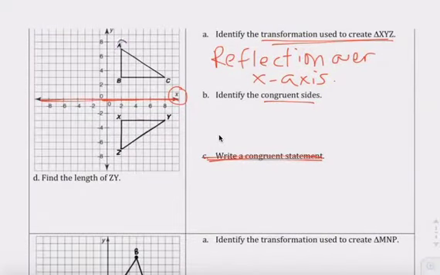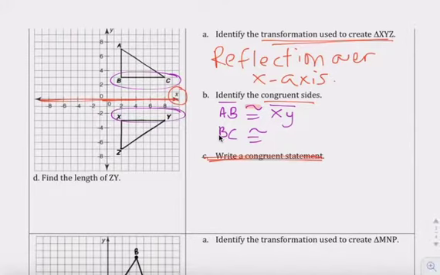Let's start with AB. Line segment AB is congruent to, make sure you put this little squiggly line, XY. Okay, next one. Let's do BC is congruent to, oh no, this is not XY, this is XZ.